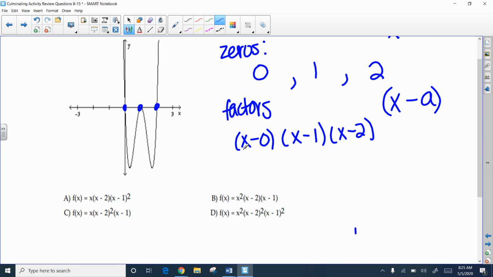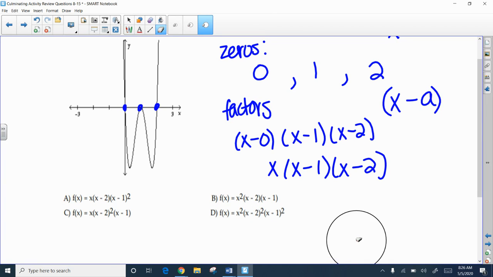However, I wouldn't write x minus 0, I would just write x. So this would be x, x minus 1, x minus 2. Now, that by itself doesn't help us that much because all of these have the same factors.